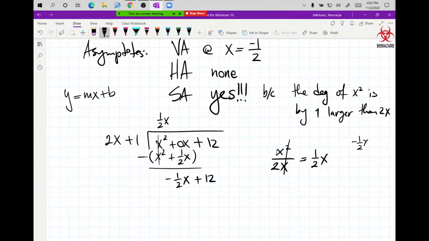So negative 1/2 x divided by 2x, and when the x's are cancelled, what you get is, anyone? What's a half of a half? Quarter. Thank you. I was getting concerned, right? So minus a quarter.